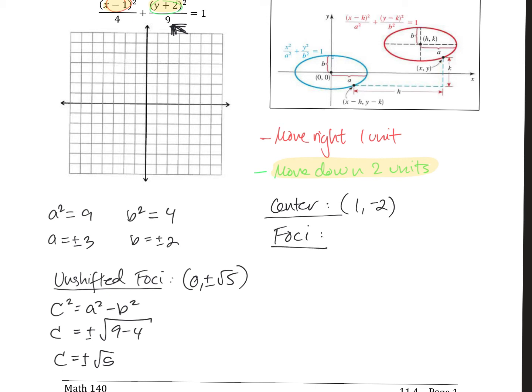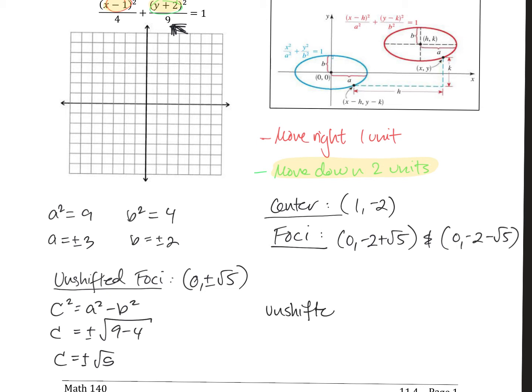Applying the -2, we'll get 0, -2 plus root 5, and then 0, -2 minus root 5. Okay, so that was for the positive and negative root 5, which is why we have those two separate options.